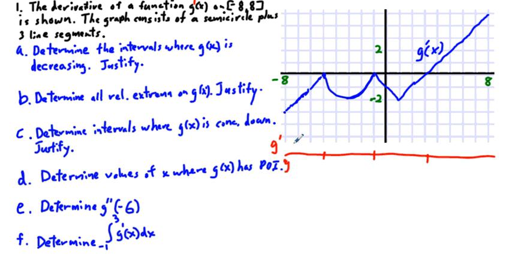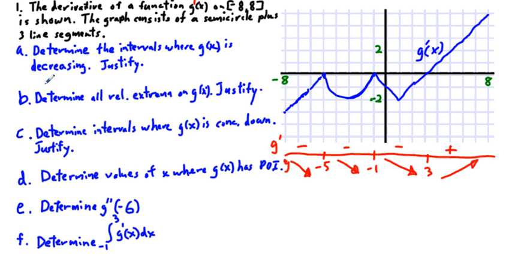We have g prime negative between -8 and -5, so the function is decreasing, and it's also negative between -5 and -1, decreasing, and also decreasing between -1 and 3. And lastly, to the right of 3, we are increasing.